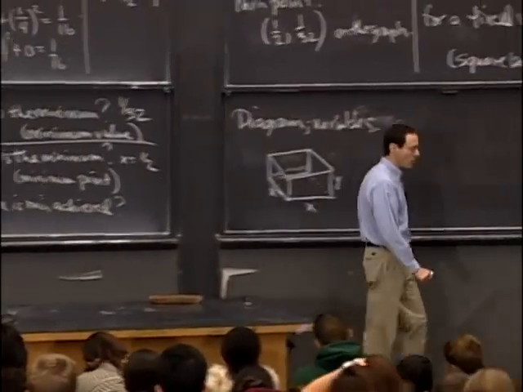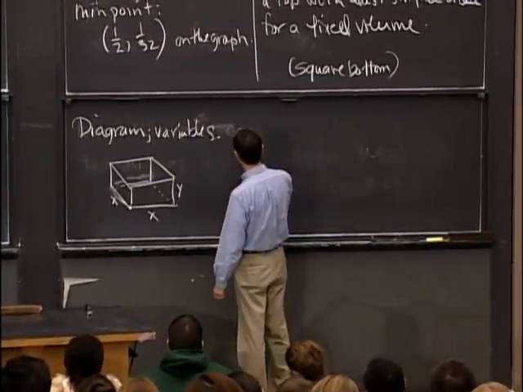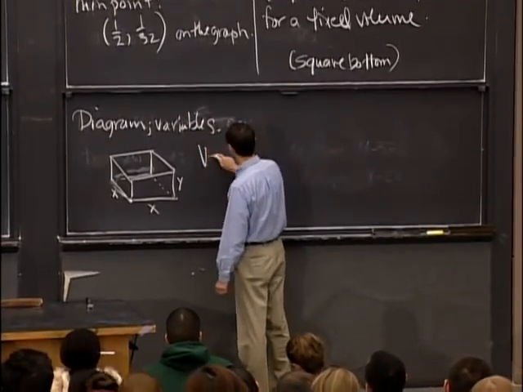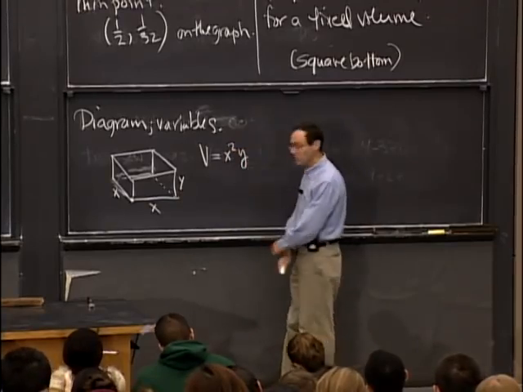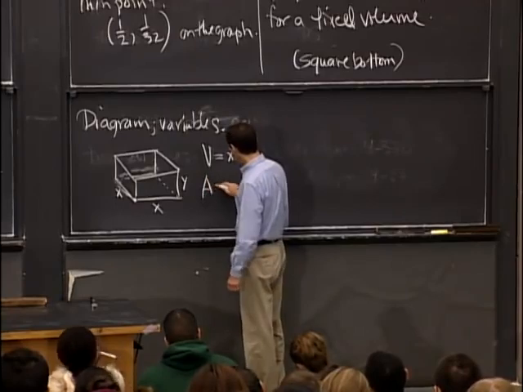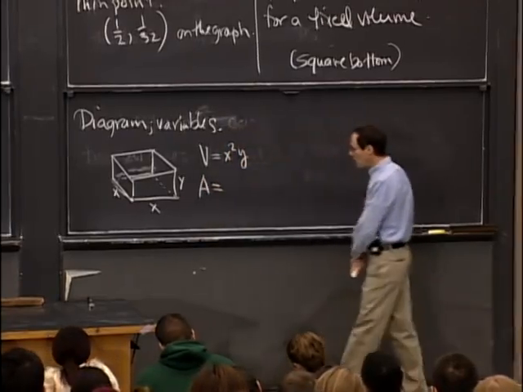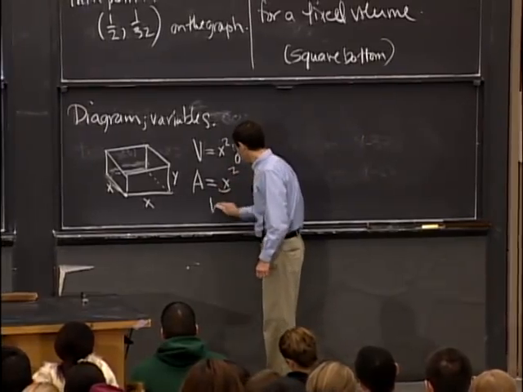Now I promised you 2 more letter names. I want to compute the volume. The volume is, the base is x squared, and the height is y, so there's the volume. And then the area is the area of the bottom, which is x squared. That's the bottom.